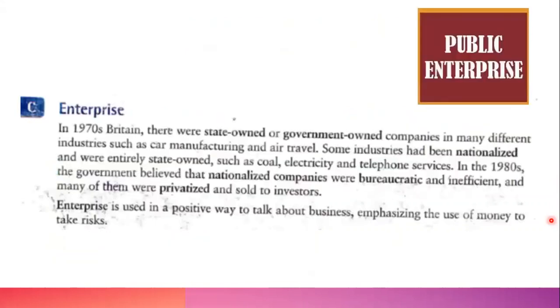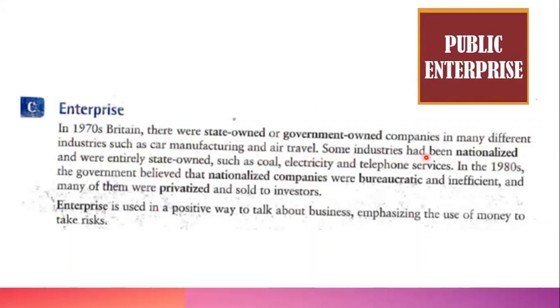So knowing this, let's read this little paragraph about Britain, or England or Great Britain. This is a short example about public enterprise. In the 1970s in Britain, there were state-owned or government-owned, so public, right? State-owned or government-owned companies in many different industries, such as car manufacturing and air travel.